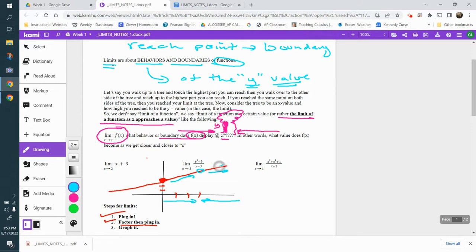Well, it gets closer and closer to 6. So the limit, or the height I can possibly reach, the boundary it's closing in on, the behavior it's exhibiting, what behavior is the y value exhibiting? It's approaching 6, okay? That's why the limit of this equals 6.